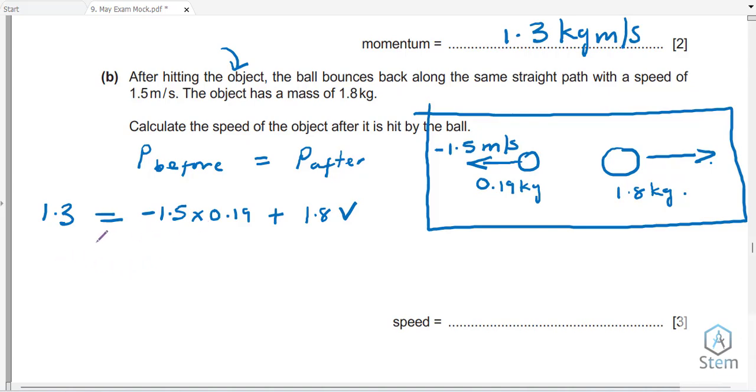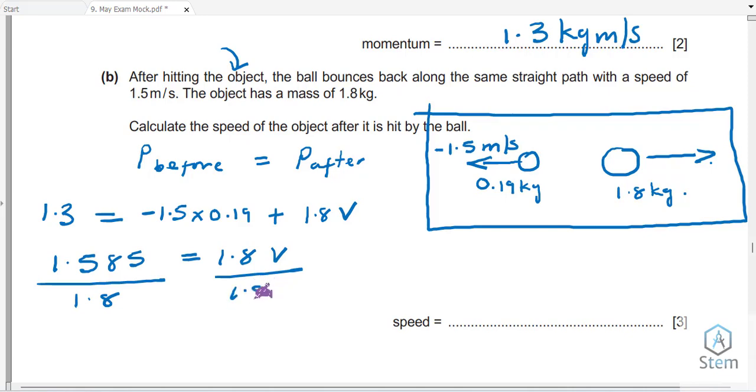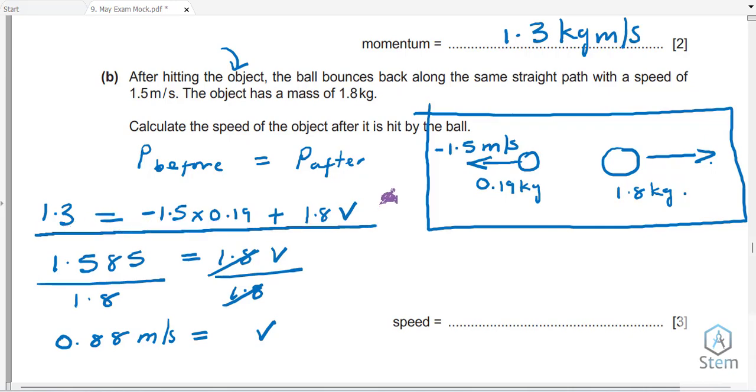That's going to give us this linear equation, which I'm just going to quickly solve. Once we solve the linear equation, we end up with speed being 0.88 meters per second.